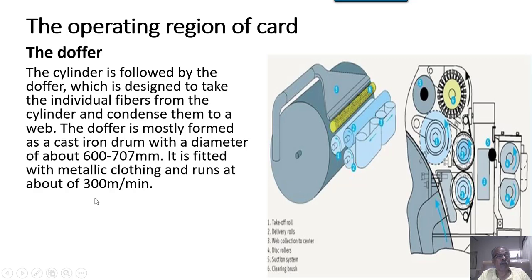Now we can see the doffer is normally 600 to 700 millimeters in diameter. It is fitted with metallic clothing and runs at around 300 meters per minute. This is very high speed, 300 meters per minute. That is the production rate of the doffer, and even it has gone up in today's situation.